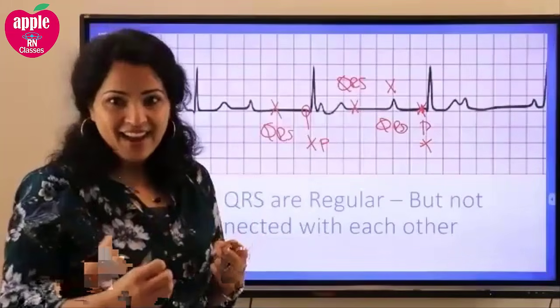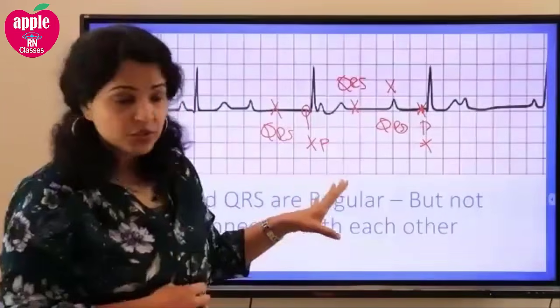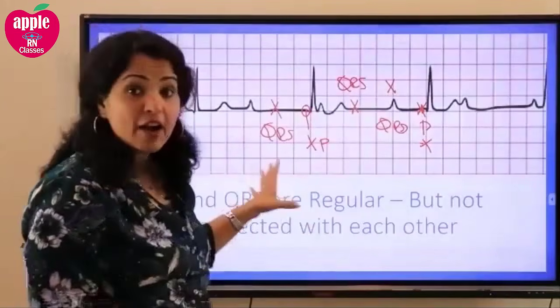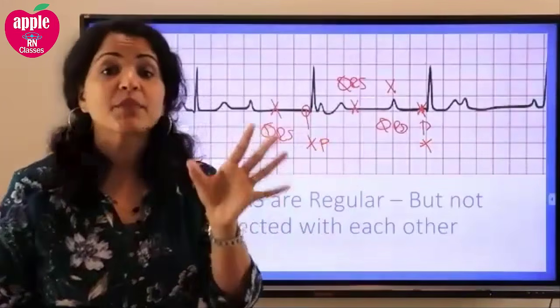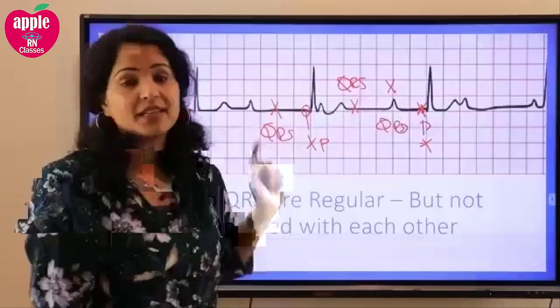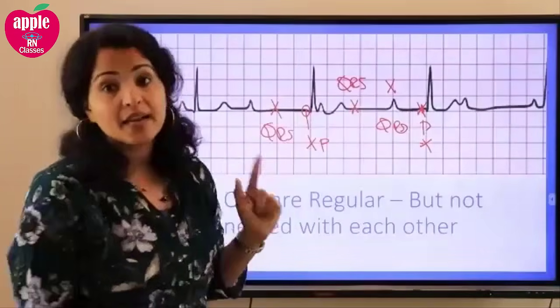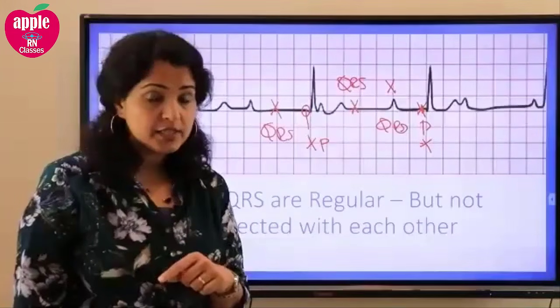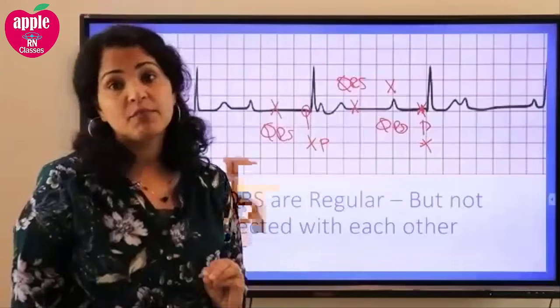Okay, so in that case, we have to make sure that we do something to kickstart the heart. And that's why the pacemaker is so important in these people. If you get a complete heart block patient, definitely they will have symptoms.